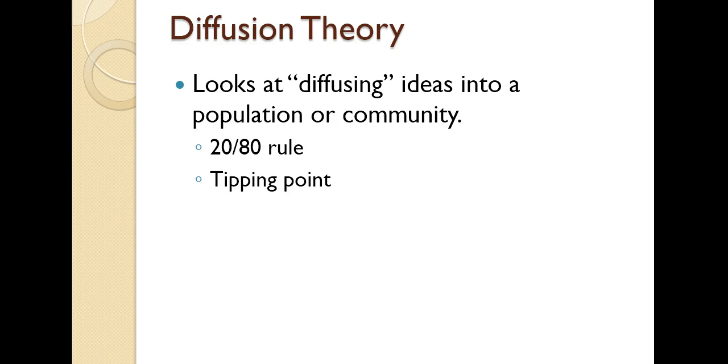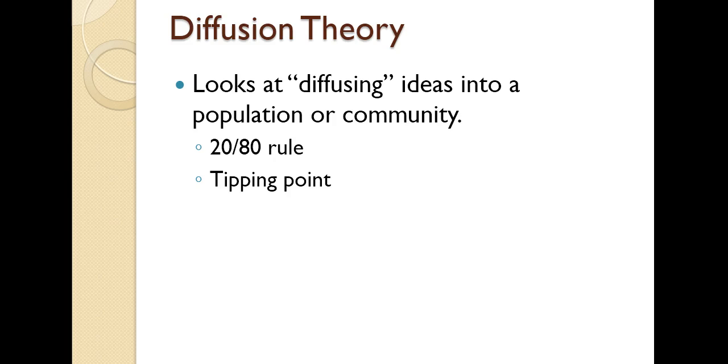One of the things to do is to understand the 20-80 rule. In the 20-80 rule, 20% of your population is responsible for 80% of the behaviors. So if you can get that 20% to buy into your healthy behavior change, they can then participate and encourage 80% behavior change.